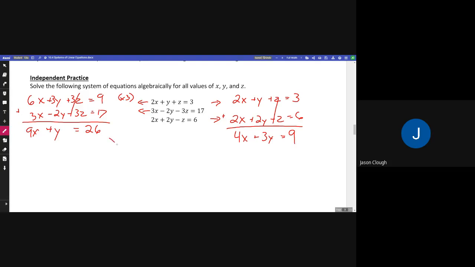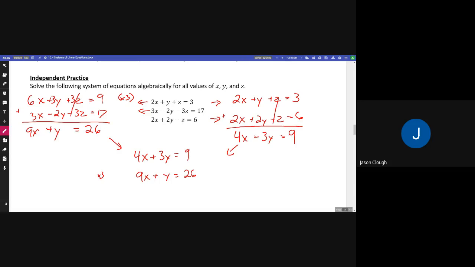From here, combine these two equations, I get 4x plus 3y equals 9. 9x plus y equals 26. All right, from here, I'm going to have to multiply the second row by 3.